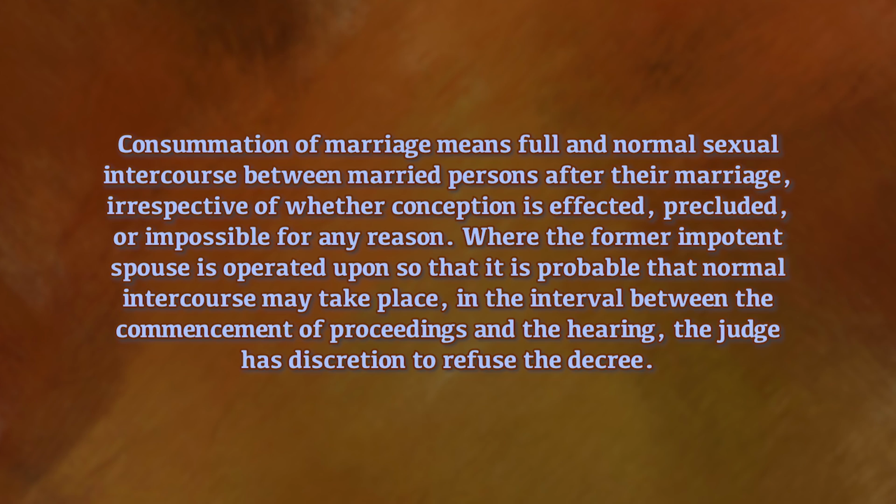Where the former impotent spouse is operated upon so that it is probable that normal intercourse may take place in the interval between the commencement of the proceedings and the hearing, the judge has discretion to refuse the decree. In Momita Roy Chaudhary versus Abhijit Chaudhary, 2014, the court held that the wife is entitled to annulment of marriage if the marriage is not consummated due to the impotency of the husband.